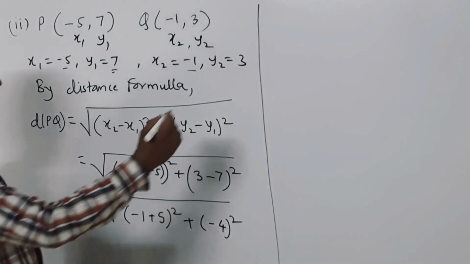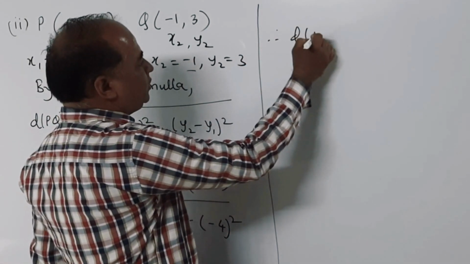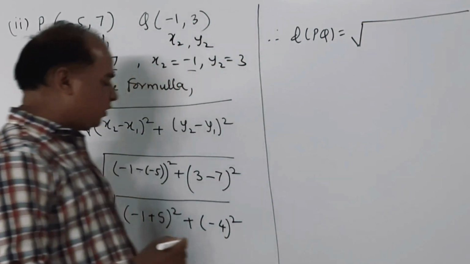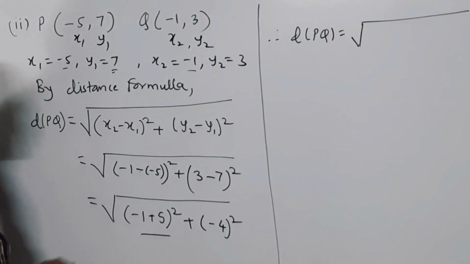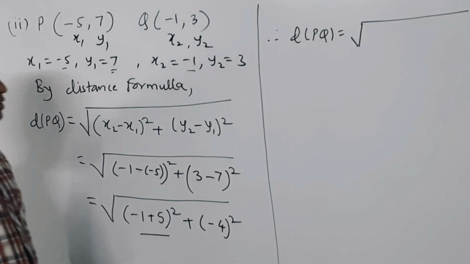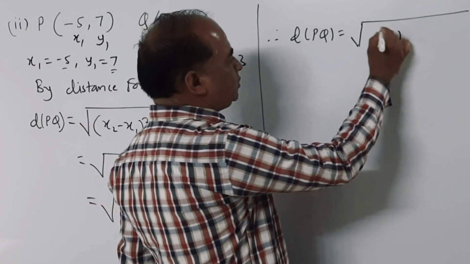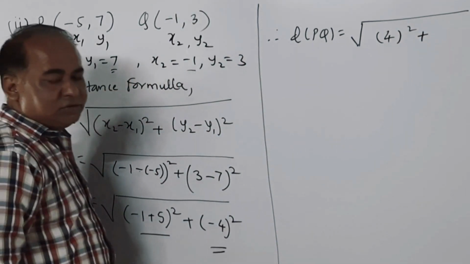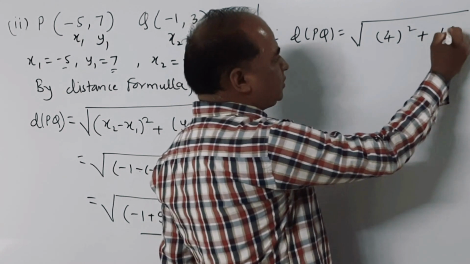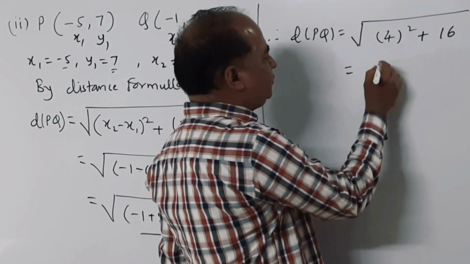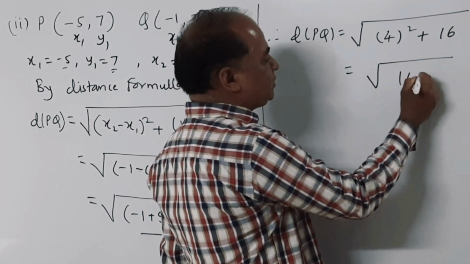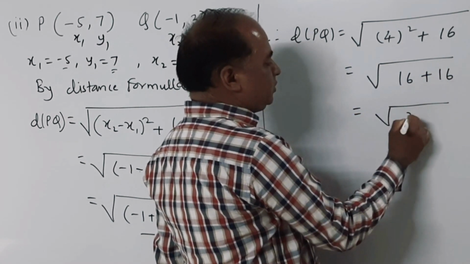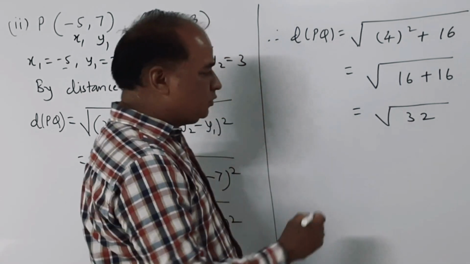So distance PQ is equal to square root of (minus 1 plus 5, that is 4) square plus (minus 4) square, which is 16 plus 16, which is 32.